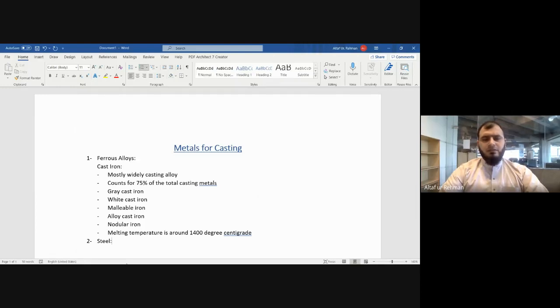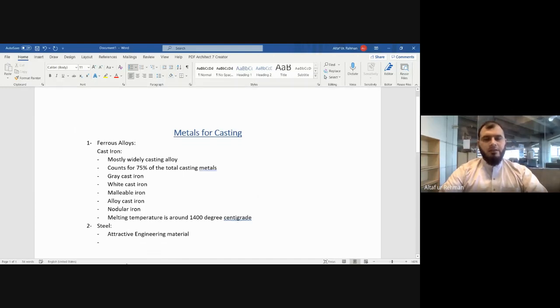First let me write that it is a much more attractive engineering material, and it includes good technical properties. We will be focusing on that, but the good thing is that with casting steel we can cast much more complex shapes or complex castings.